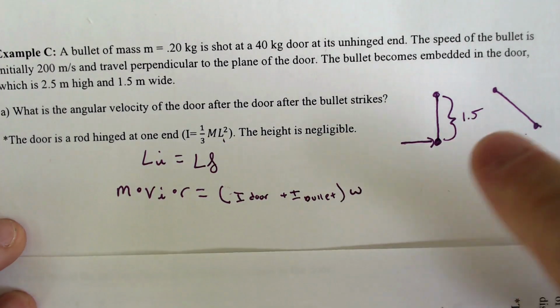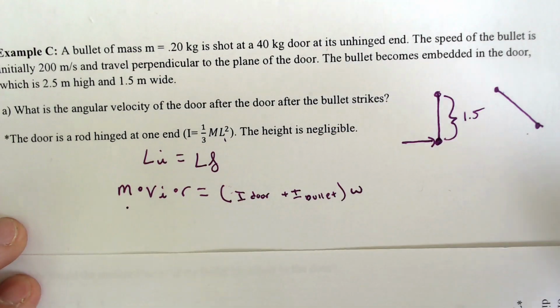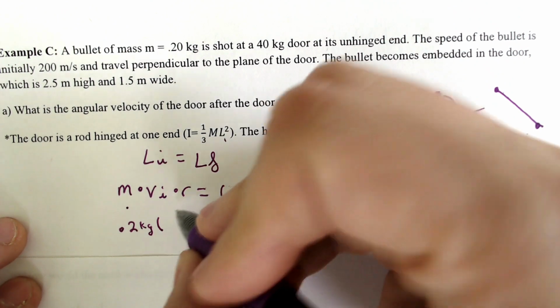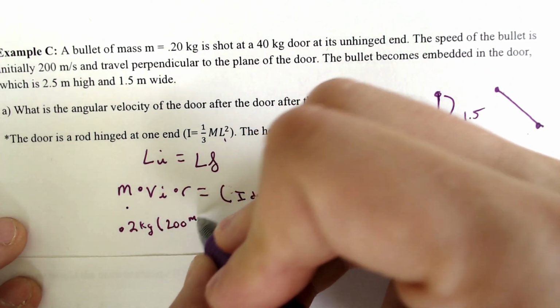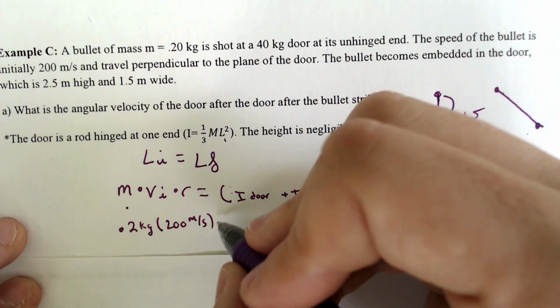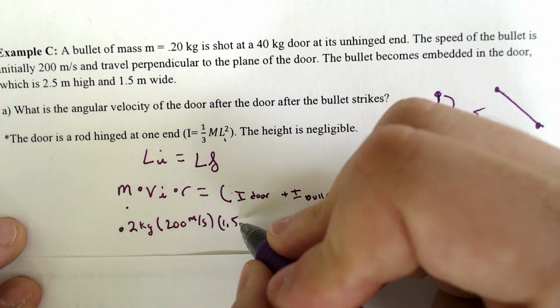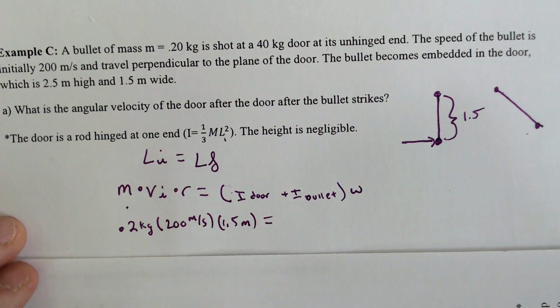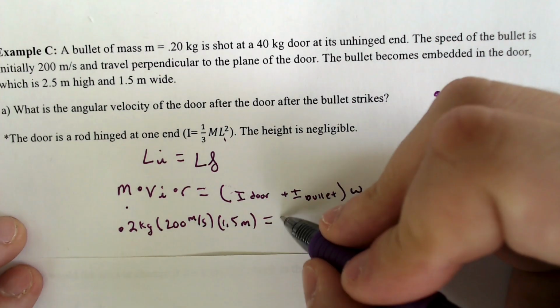So, the mass of the bullet, 0.2 kilograms, times its velocity, 200 meters per second, times the radius, 1.5 meters, will equal the mass of the door. Do we know the mass of the door? A 40 kilogram door.